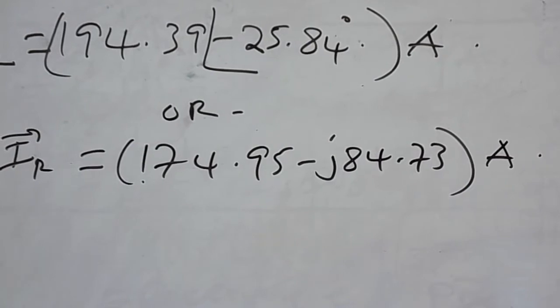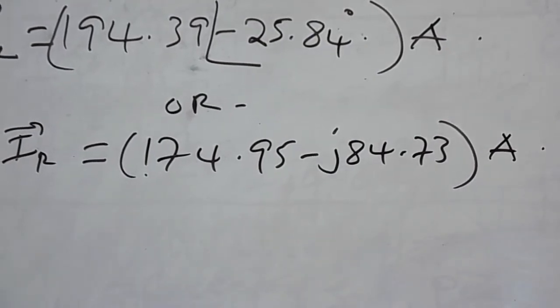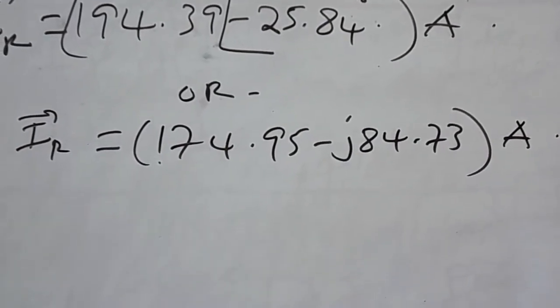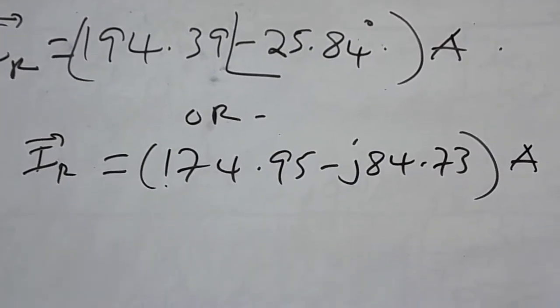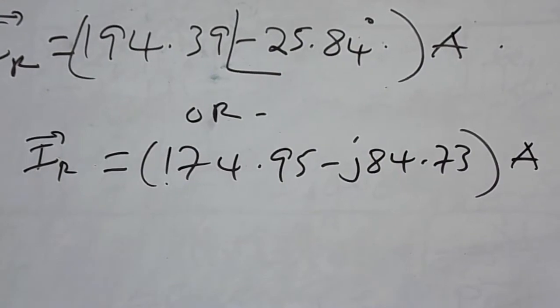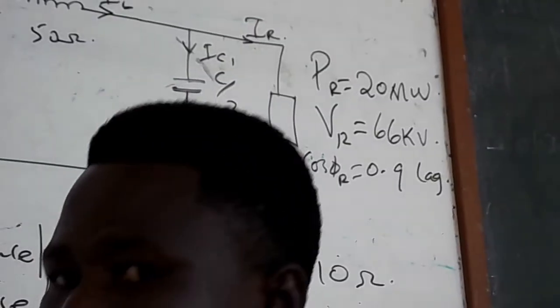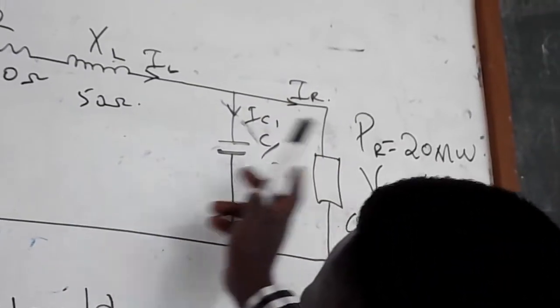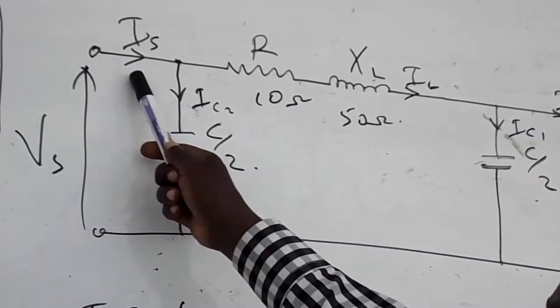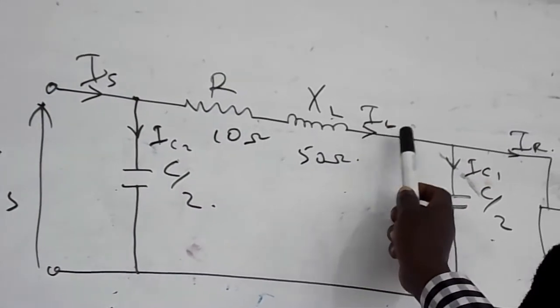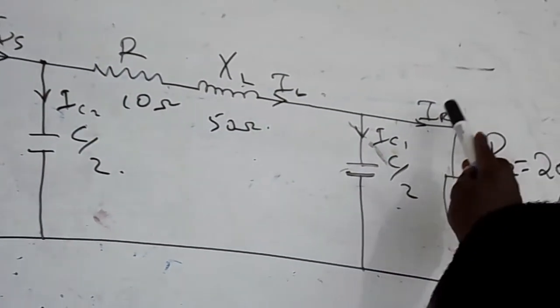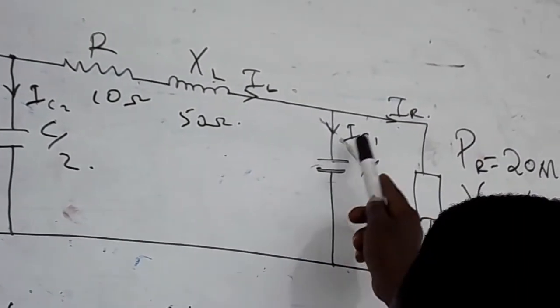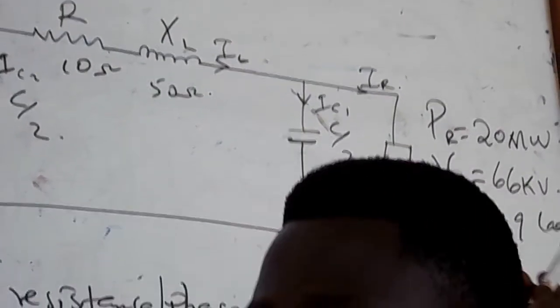Now, taking the receiving end voltage as the reference phasor, we can have the charging current IC1. Because you remember in the circuit, we cannot get the sending end current before getting the line current IL. And from here, the line current is equal to the receiving end current plus the current across the capacitance at the receiving end.